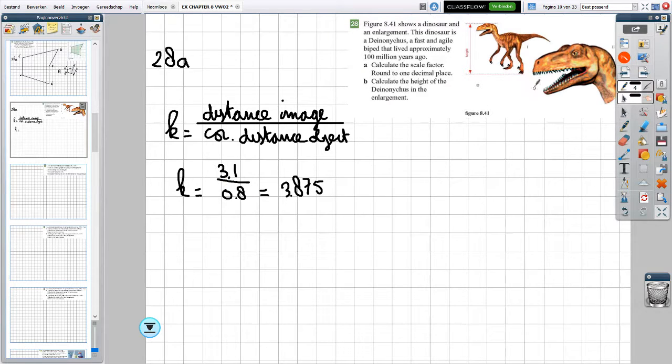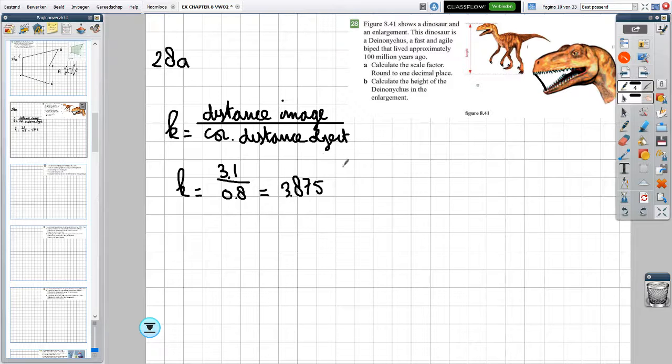Could also be that you measured a different dimension. Maybe you measured the distance between his teeth, for example, here and here. Then you find different numbers here, but not a different scale factor, or maybe a bit different, but not too much of a difference, because otherwise not all lines would scale the same. So your scale factor must be the same.